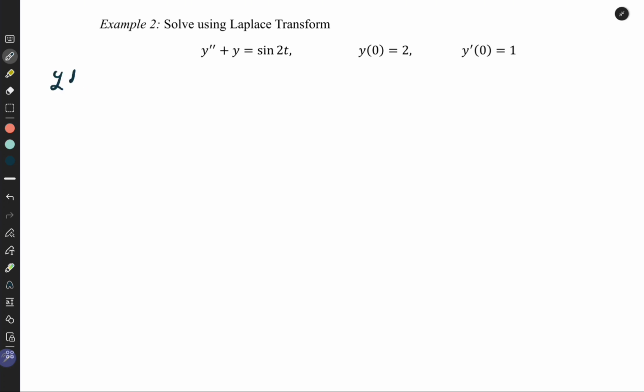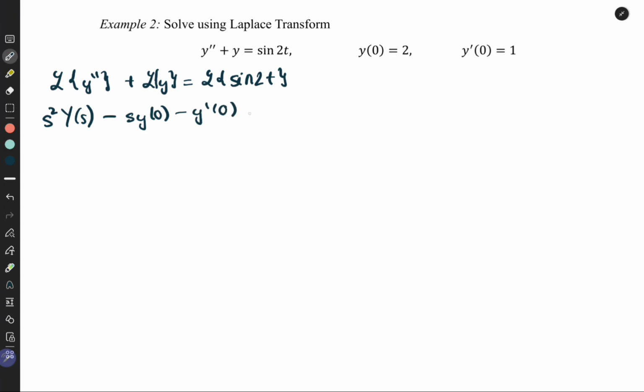Okay, so let's begin with Laplace, right? Laplace both sides, so Laplace y double prime, Laplace y, and Laplace of the sine of 2t. Okay, term by term, s squared Y(s) minus s y(0) minus y prime of 0.